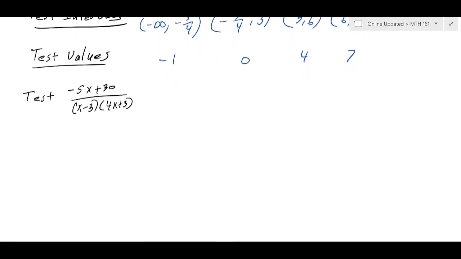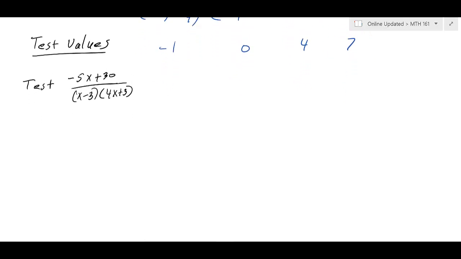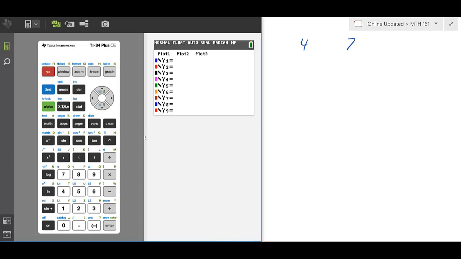And once again, I'll use the calculator to help with this. So we go to y equals, and again, we want parentheses around the numerator, which is -5x plus 30. Close the parentheses, and this is divided by, and I'm going to put parentheses for the entire denominator and then parentheses for the factor, which was the x minus 3, and then parentheses around the factor 4x plus 3, and then I need another set of parentheses for the entire denominator.